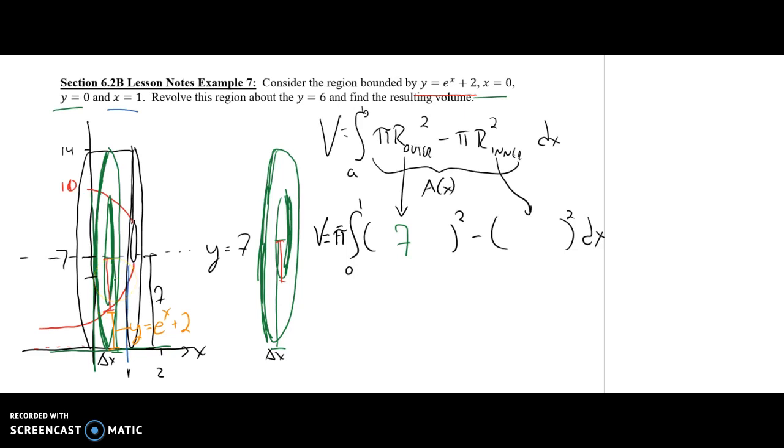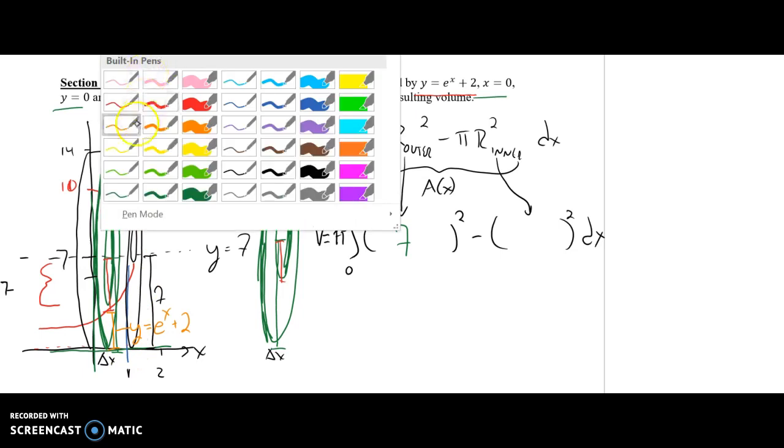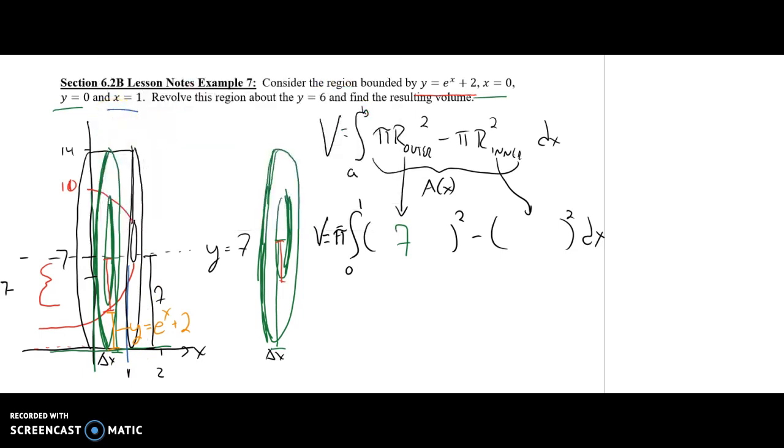And this region that I was talking about right here has to be this 7 minus this y distance. So I'm going to go ahead and just write it over here.